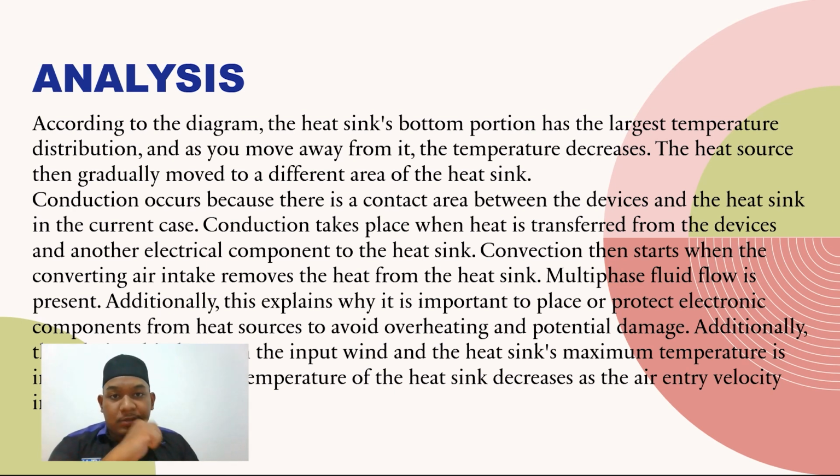Conduction takes place when heat is transferred from the device and other electrical components to the heatsink. Convection then starts when the air intake removes the heat from the heatsink. Multi-phase fluid flow is present.